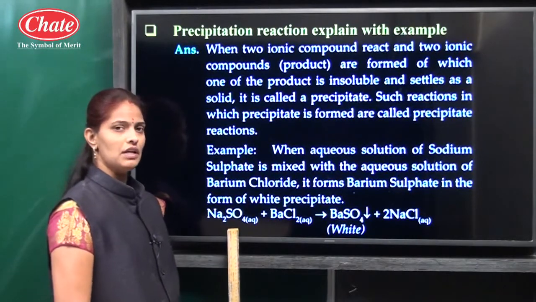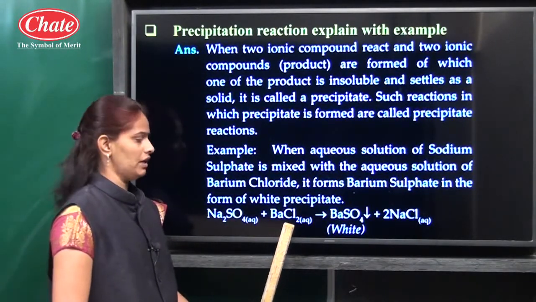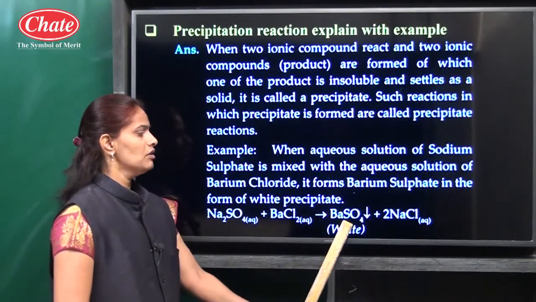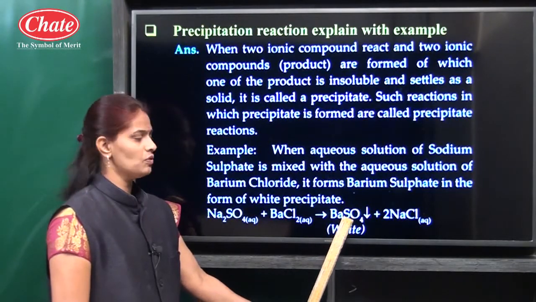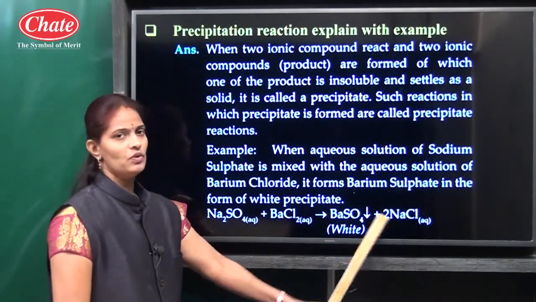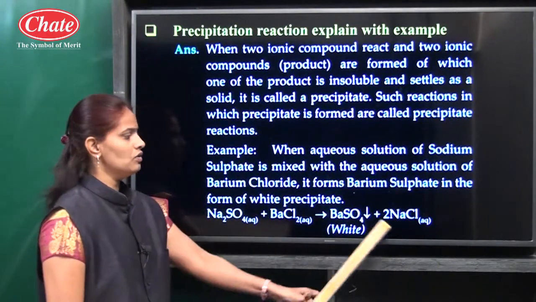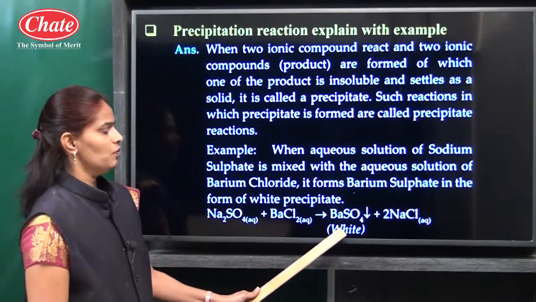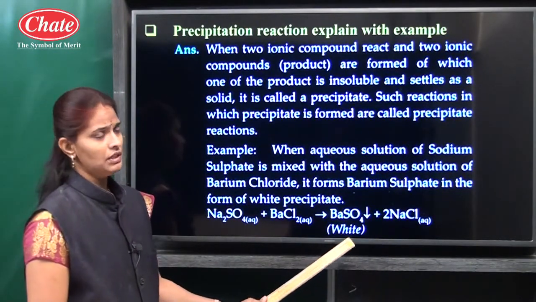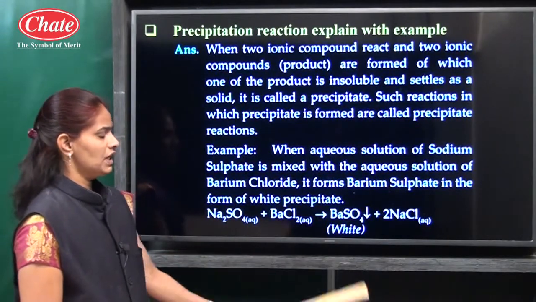Sodium sulfate, that is Na2SO4, reacts with BaCl2, barium chloride, and gives barium sulfate, white precipitate of barium sulfate, that is BaSO4, along with sodium chloride. Here two reactants and two products are there, and one of them is settled as a solid, so it is a precipitate reaction.